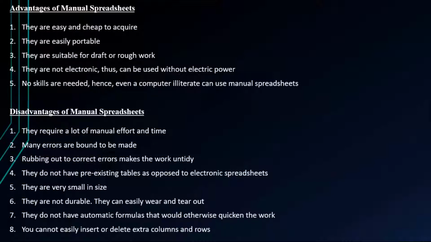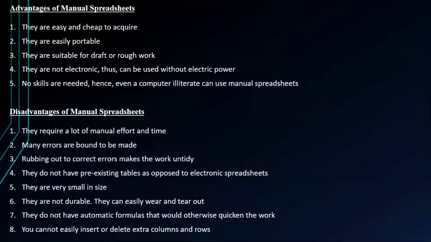Whether he or she knows how to use computers for doing this doesn't matter, so long as they are able to do it using a ledger book or a manual book. So you don't need the skills we are learning here to use this. The unfortunate bit is it is phasing out. This manual spreadsheet type is phasing out right now because we keep advancing with technology. So those are the advantages of a manual spreadsheet, okay?